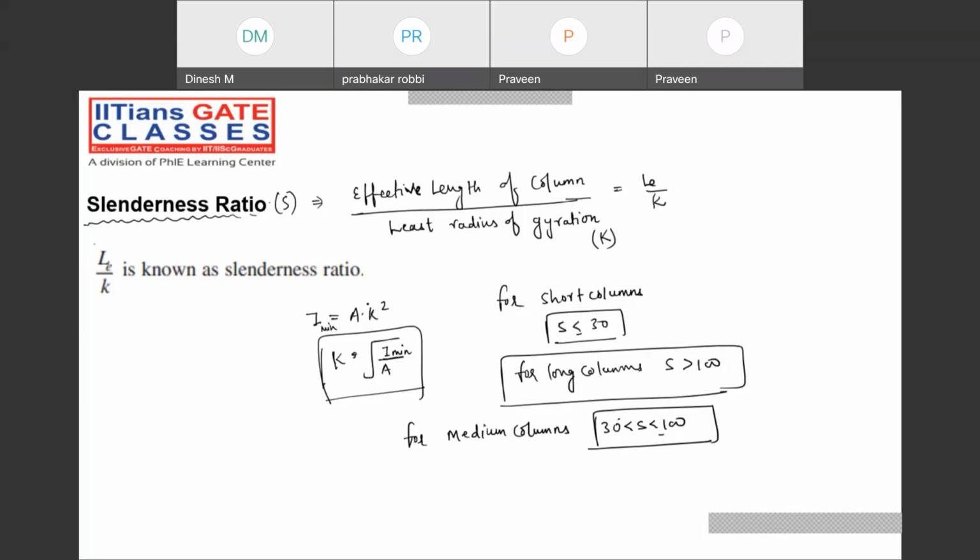It's very simple. When the slenderness ratio increases, the chances of buckling also increase. Check it out. For a long column, the slenderness ratio is very, very high. That means the chances of buckling will also be very, very high.